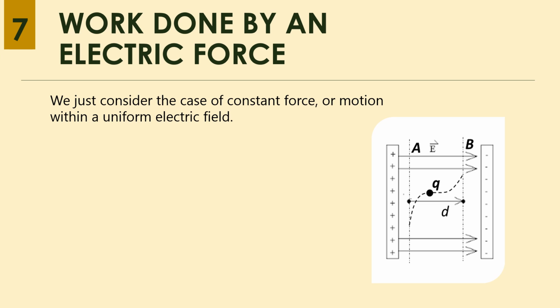So as a particle or a charge moves from a point of level A, as you can see here, towards another level, which is B here, regardless of the path it follows, the work done by the electric force as we move from level A to level B, as you can read here, equals the charge itself multiplied by the potential difference from A to B. Now, A to B, initial minus final, which reminds me a lot of the work done by the gravitational force, which was mg, height initial minus height final.